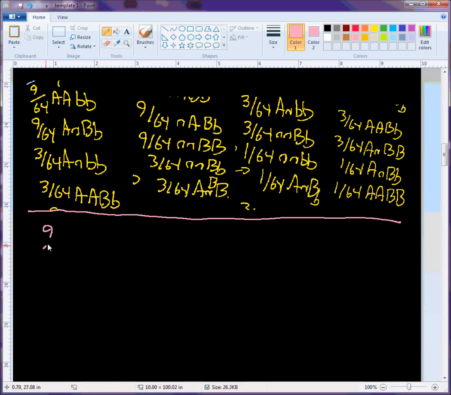So 9 out of 64 are going to be big A, little b for the phenotype. And so what I did, I just took this 9 out of 64 here and put that here.